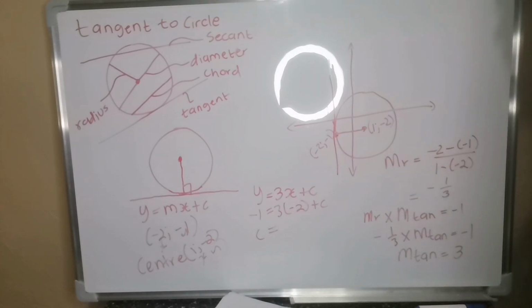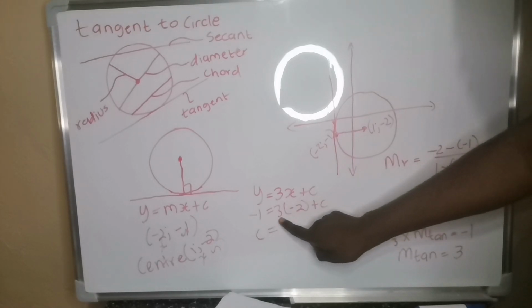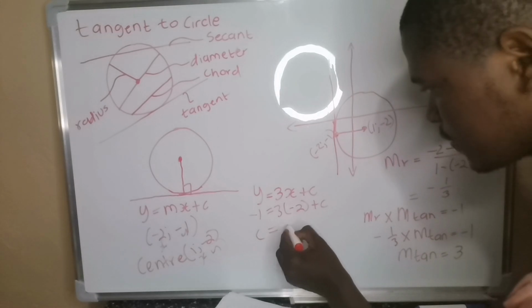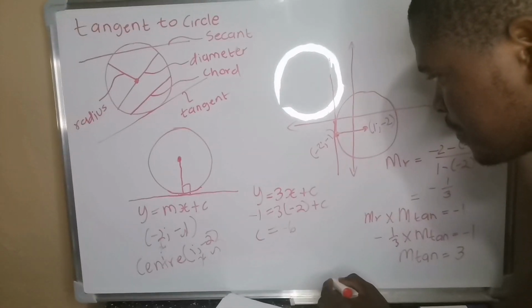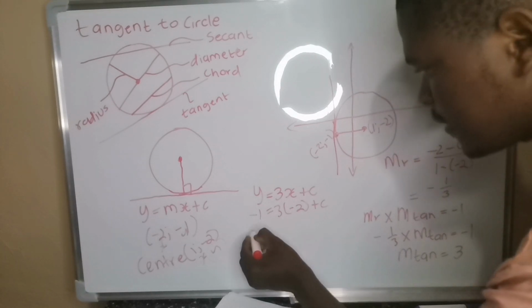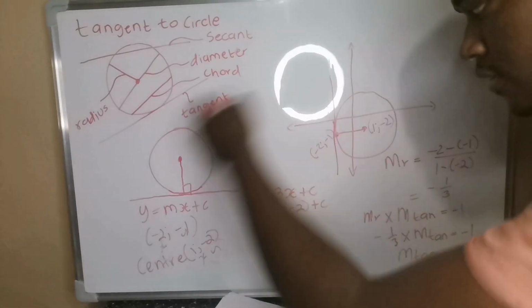So we have negative 1. 3 times negative 2 is negative 6, and so we transpose this negative 6 to the left.